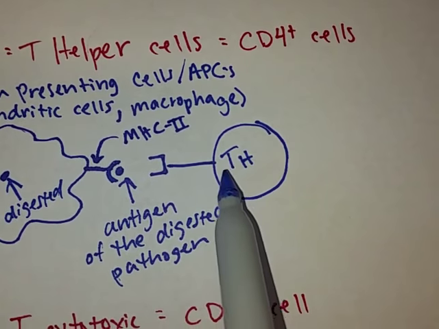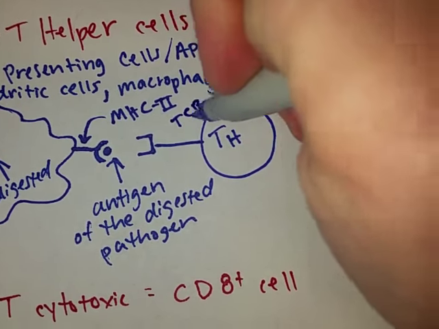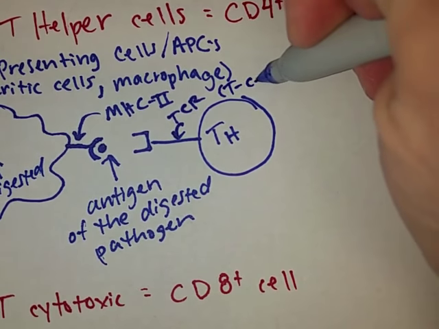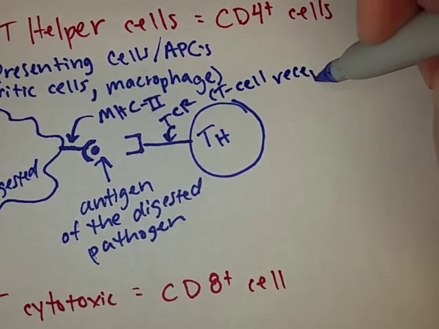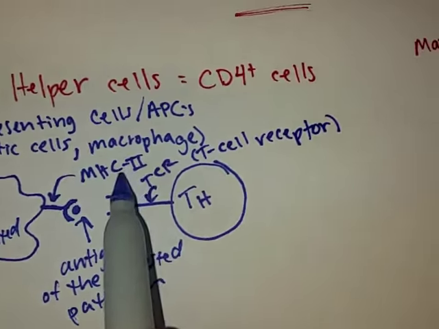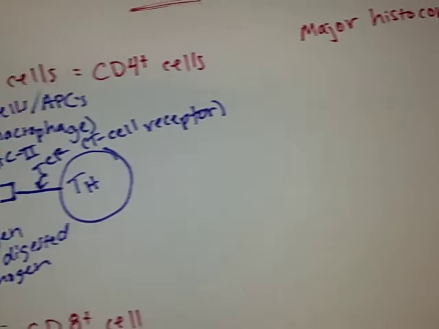Okay, so the T helper cell is going to have a T cell receptor that interacts with MHC2. Remember, MHC stands for Major Histocompatibility Complex.